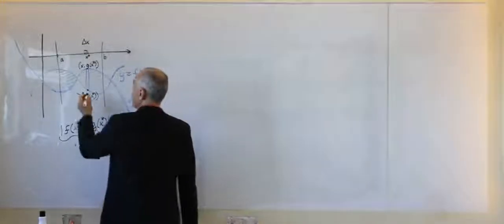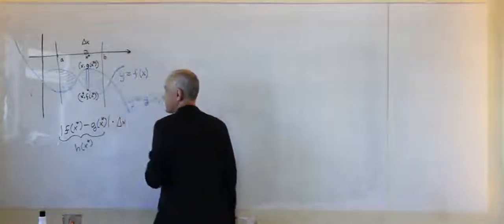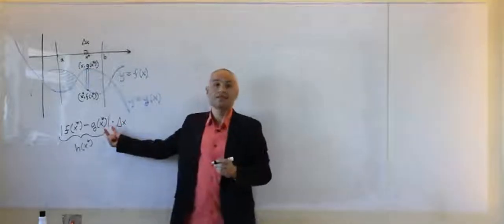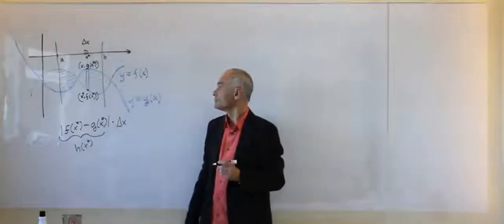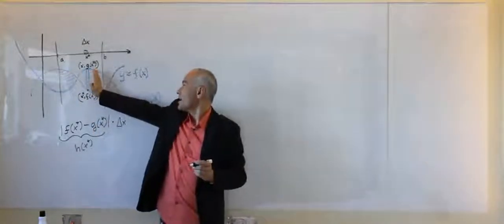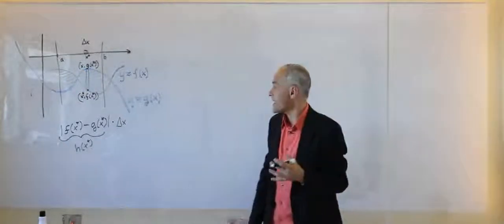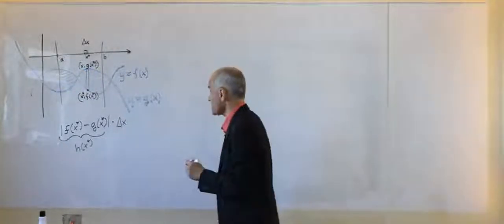And if we would like to get the area, we need to multiply that by the width of the rectangle. So this is the area of one rectangle. But now to approximate the whole area of this region, we need to add the areas of these rectangles together.